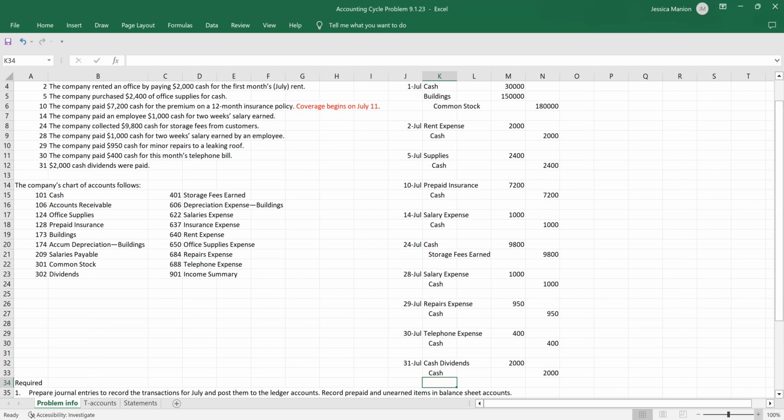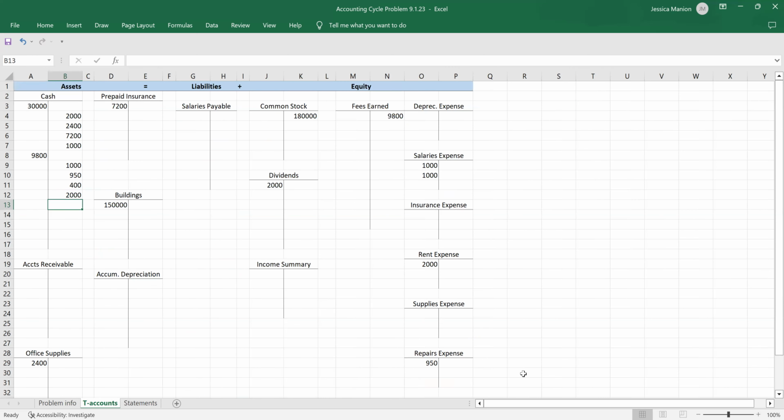Okay, good. I'm glad that everyone is doing good with it and we remember this, hopefully from principles of accounting. Okay, so now what we need to do, we need to calculate our balances in the T accounts, and then use those balances to prepare the unadjusted trial balance, right?